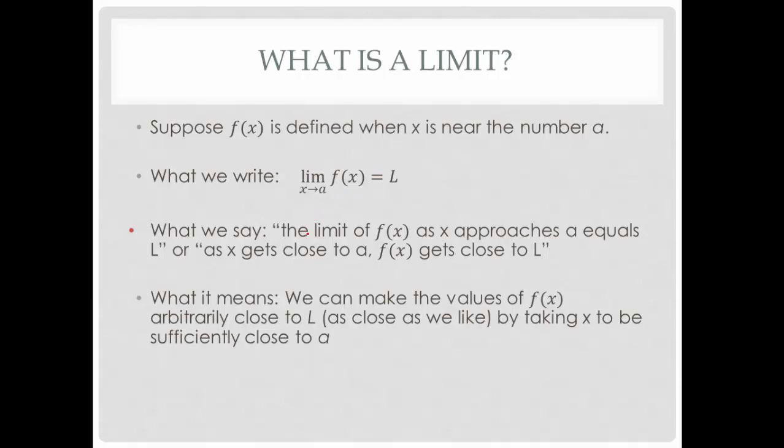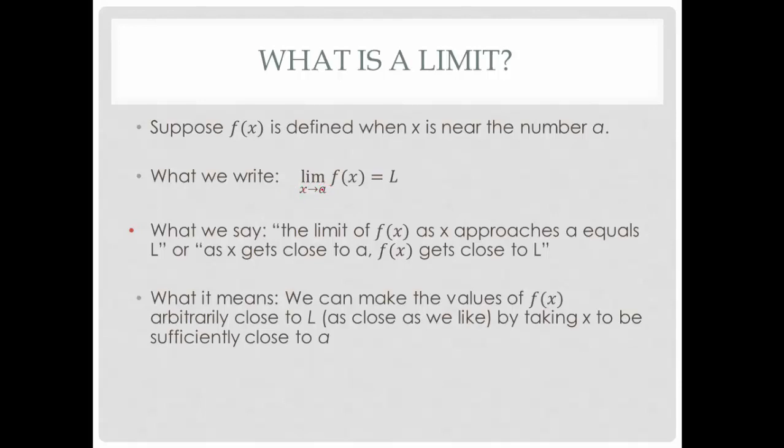What that means, the mathematical definition, is we can make the values of f of x arbitrarily close to L, meaning as close as we like, by taking x to be sufficiently close to a. Okay, so let's translate that a little bit. In other words, x is getting close to a. A is typically a number. It is an x value because x has to be getting close to that x value.